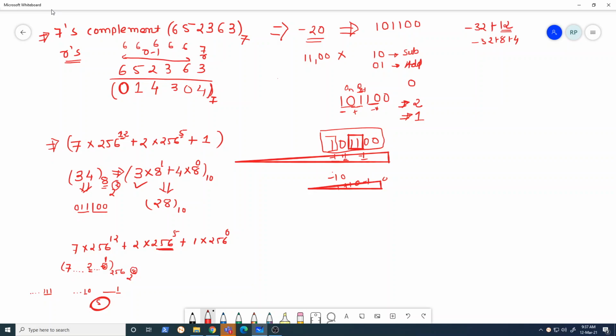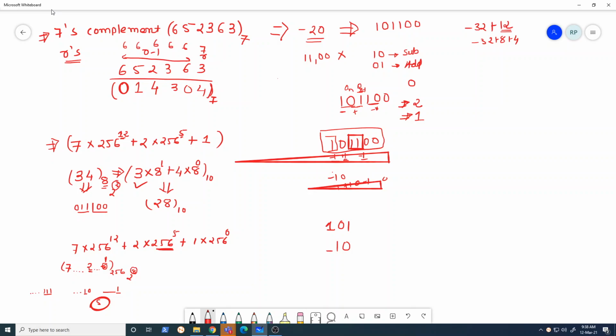Logical shift or arithmetic shift, right or left shift? So first understand what arithmetic and logical shift are. Suppose your number is 101 and you are performing right shift. Then 10, and this is blank now.